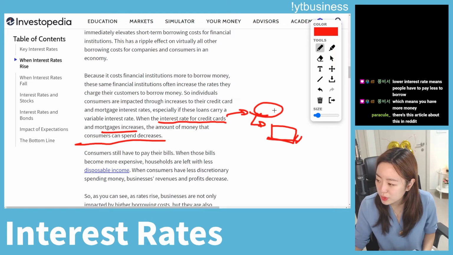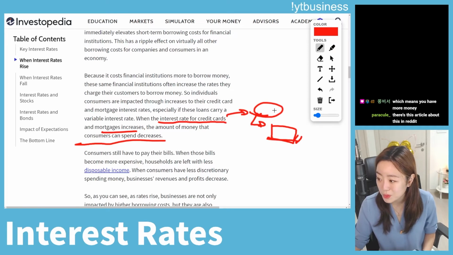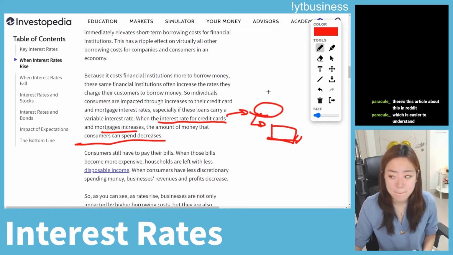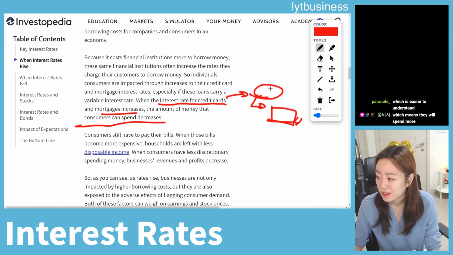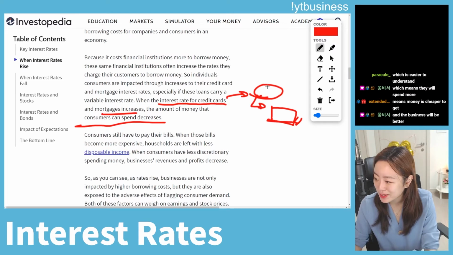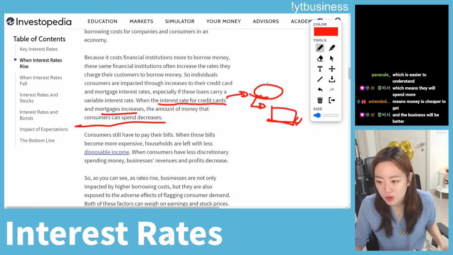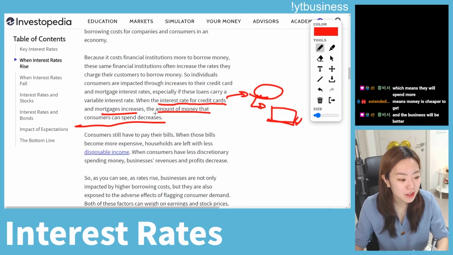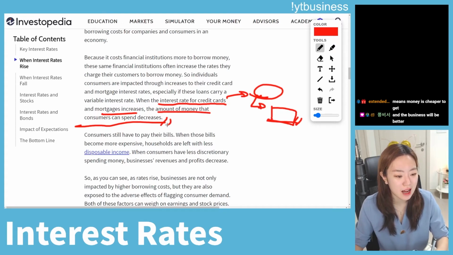So lower interest rate means people have to pay less to borrow. Yeah, which means you have more money. There's an article about this in Reddit, really? Which means they will spend more and the business will get better. But here, how come they say the amount of money that consumers can spend decreases?